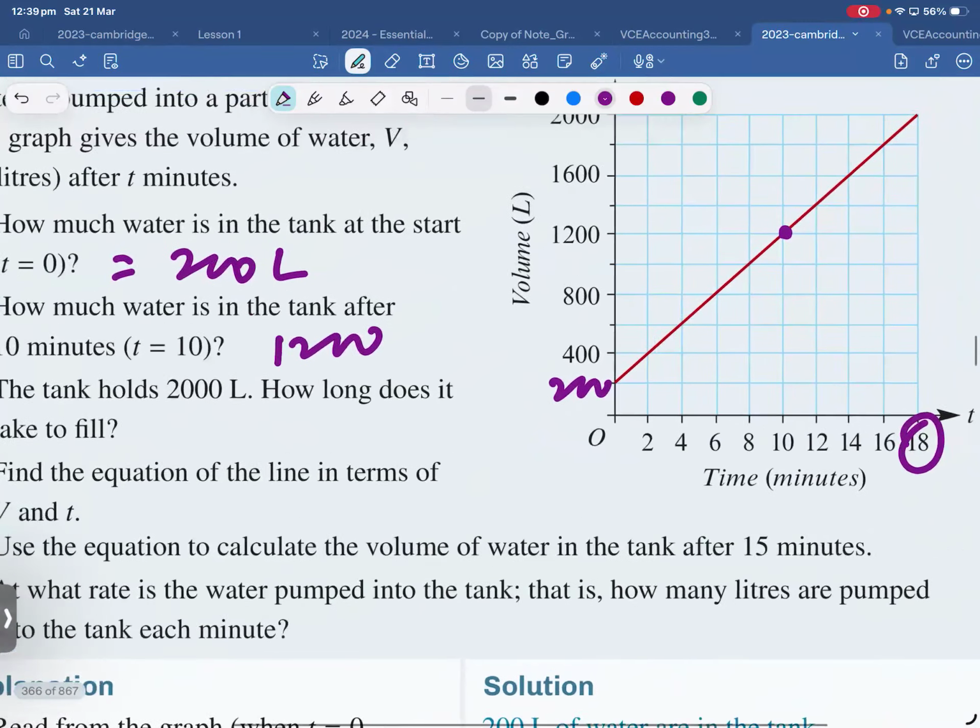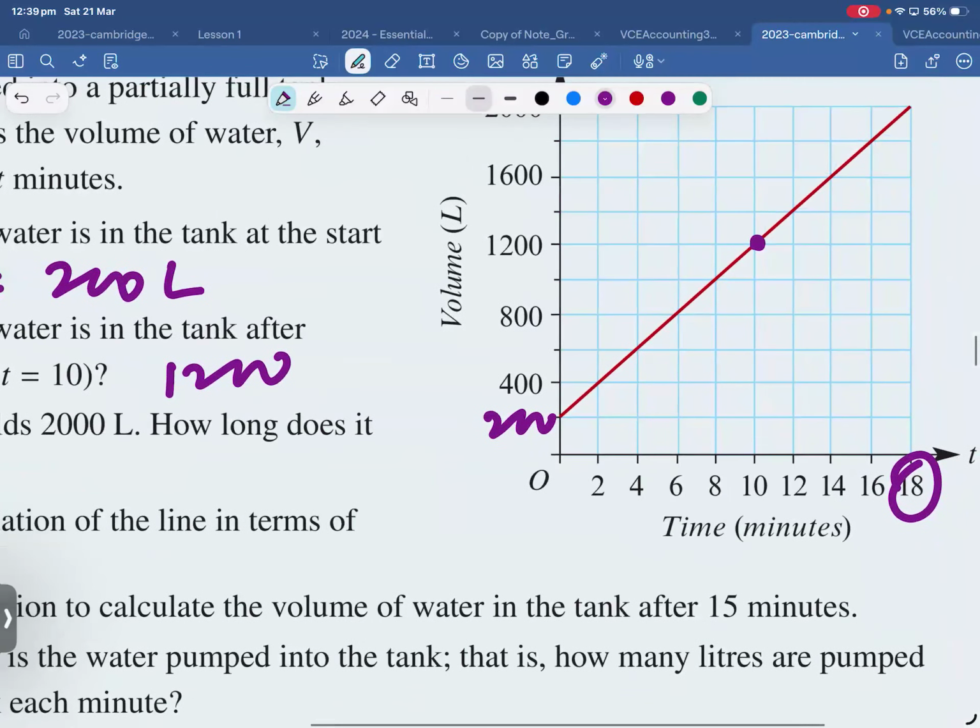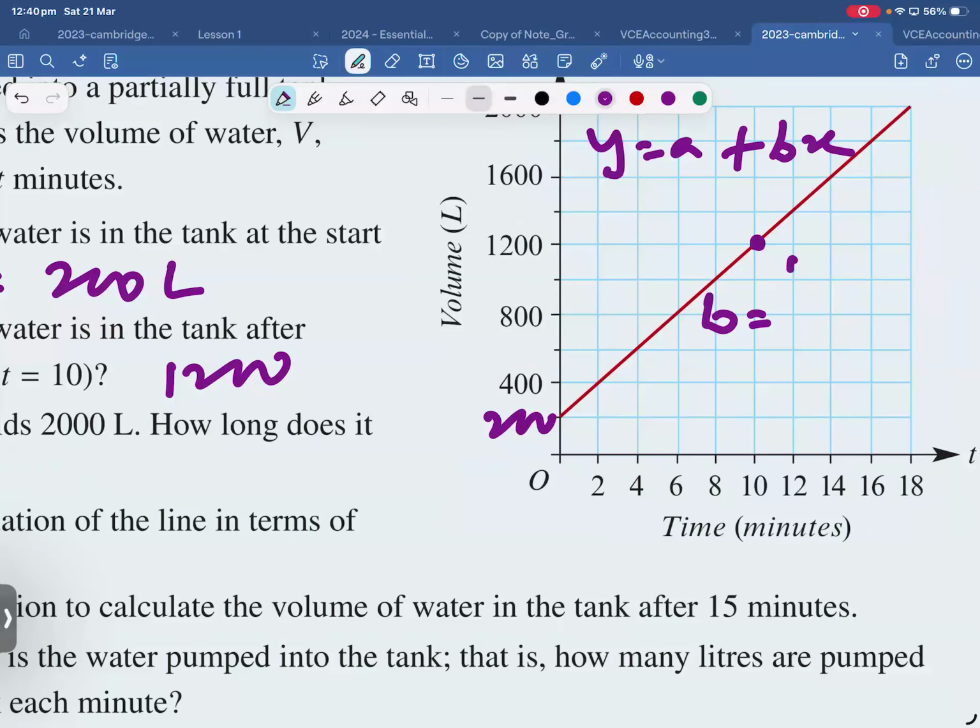So what do we do, Ramin? We are going to use what? Yes, y equals a plus bx. So for that, what is our first step? Slope, yes, which is b. How do we find b? Tell me some values here.